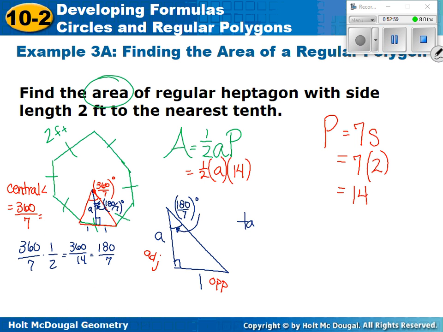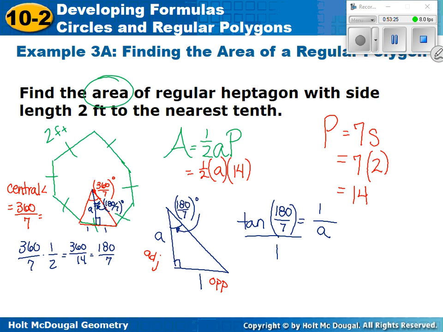All right. So let's set it up. Tangent of 180 over 7, we're just leaving that exact so that we're not rounding until the very end, equals what over what? Careful, opposite over adjacent is 1 over A. All right, then you can either put this over 1 and cross multiply, or we had the little trick that said when A is down below, you switch.